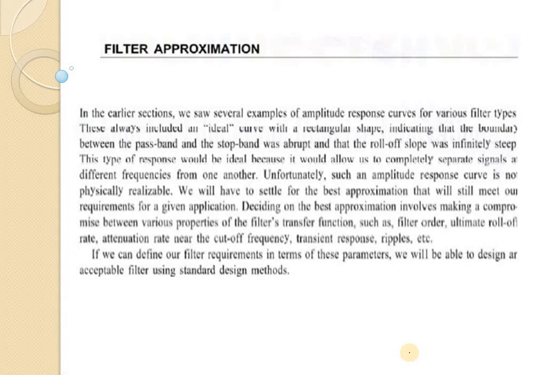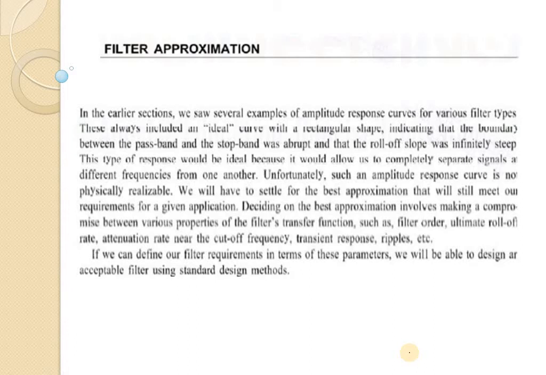This type of response would be ideal because it would allow us to completely separate signals at different frequencies from one another. Unfortunately, such an amplitude response curve is not physically realizable.